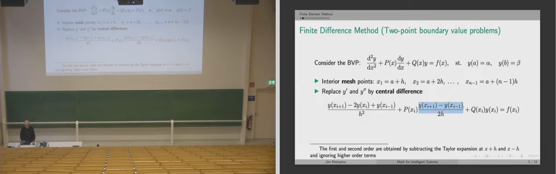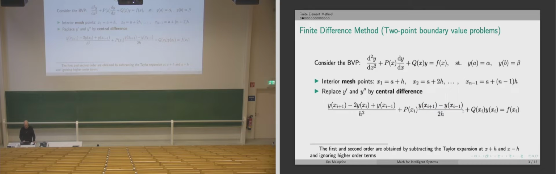If you look at the first order derivative, this is simply what we saw in the last lecture, meaning the difference quotient between the value of the function at mesh point i plus 1 and the value of the function at point i minus 1, and we divide by the spacing between the two points. And so that gives us a finite difference approximation of the first order derivative.